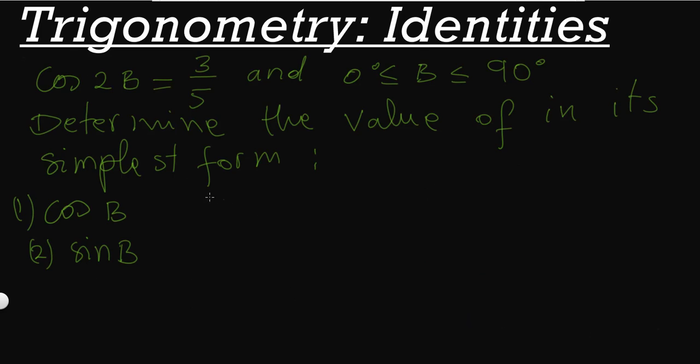Okay. We have a question here where we have cos of 2B equal to 3 over 5. And then they say the angle B is between 0 and 90 degrees.